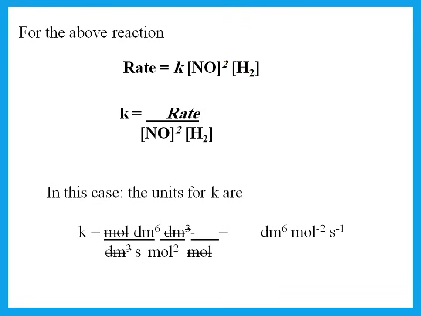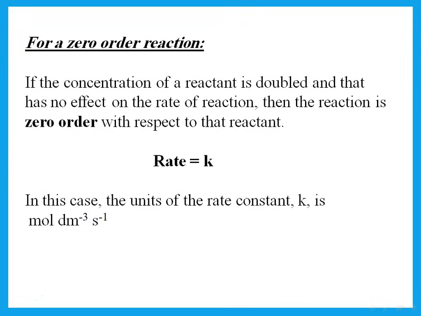And in this case, if you cancel what's the same up and down, the overall units for K for this reaction is decimeter to the power 6, mole to the power minus 2, seconds to the power minus 1. Please note the units of K may differ from one reaction to the other.